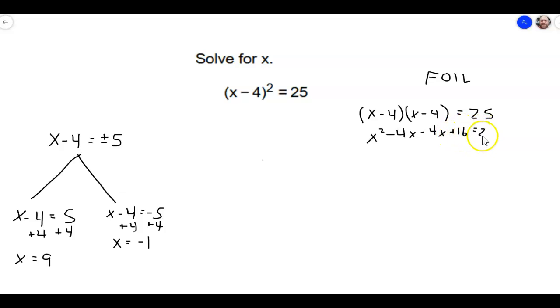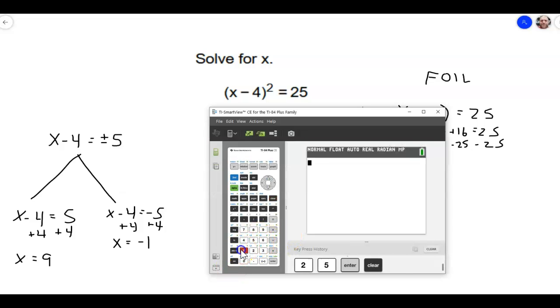is equal to 25. I'm going to combine those middle terms: x squared minus 8x plus 16. I'm going to go ahead and subtract 25 from both sides. 16 minus 25 is negative 9.